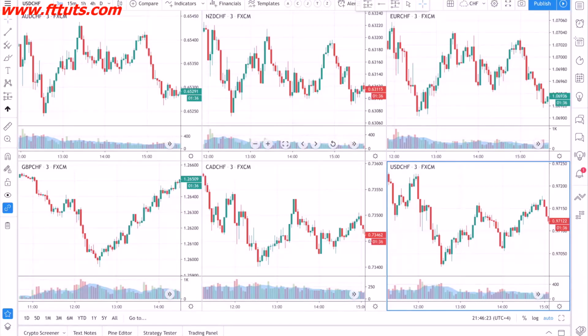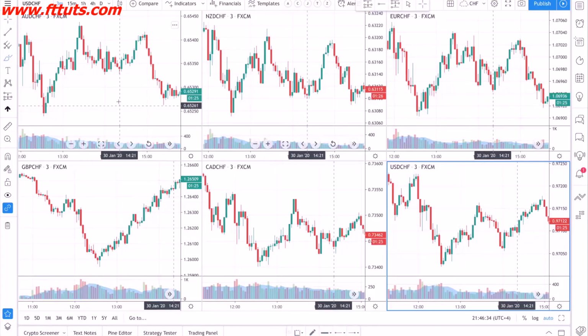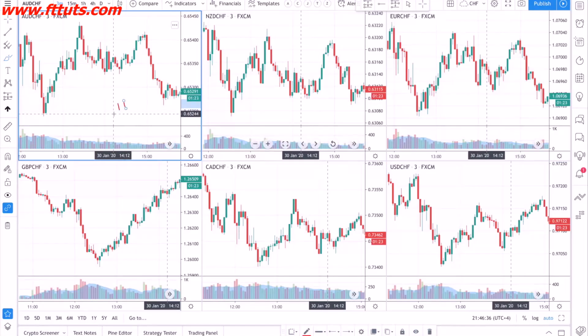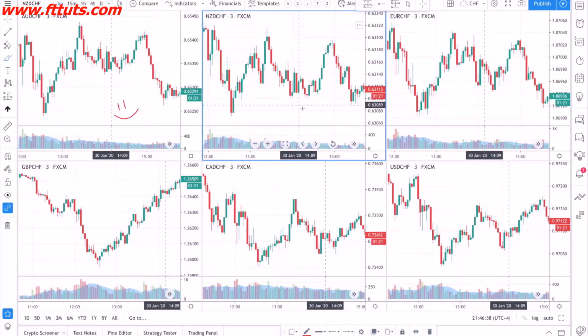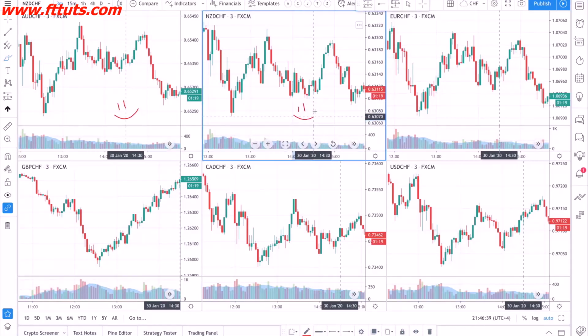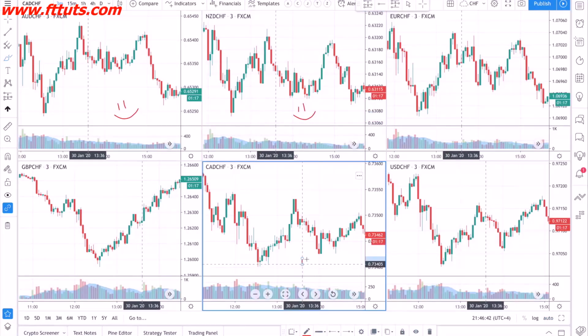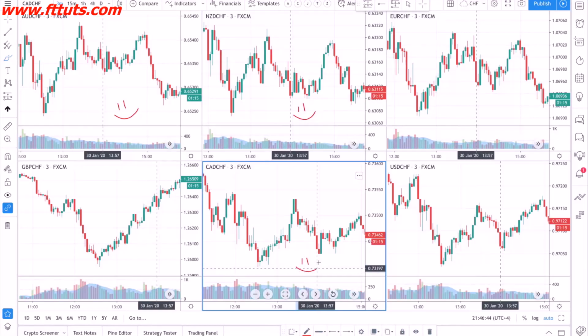So my main pairs of focus were Aussie Swiss, New Zealand Swiss, and CAD Swiss. These were my focus pairs. I'm going to put my smiley faces on them. Okay, so I like these three pairs for selling: Aussie, New Zealand, and CAD Swiss. Unfortunately, throughout the day, New Zealand news came out, and it was actually good news.